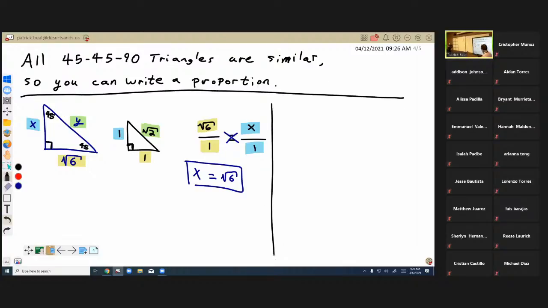So if I wanted to use the yellow sides and the green side, that would be square root of 6 over 1, the yellow sides, is equal to what? Would be the fraction using the green sides.